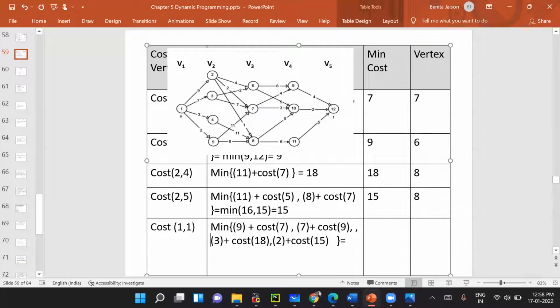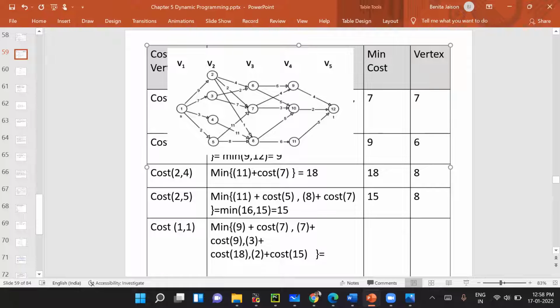Now we have to find the minimum of all four edges, right? 9 plus 7 is what? 16, right? Next is also 16.